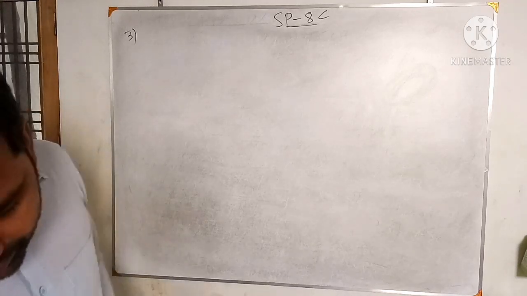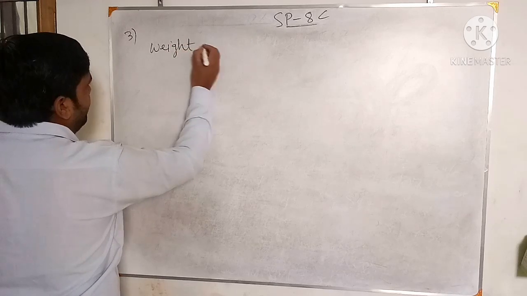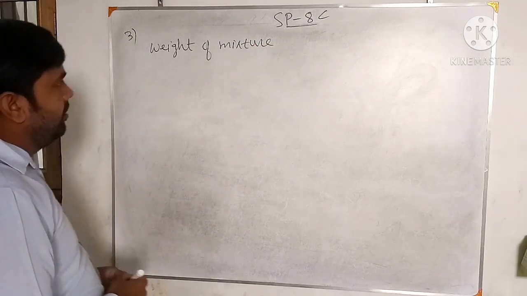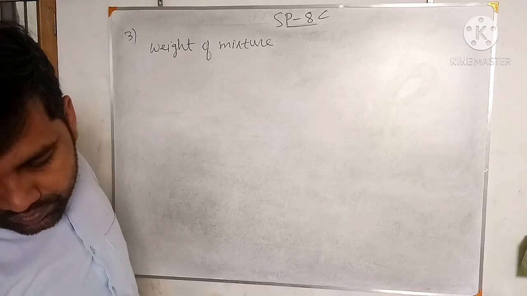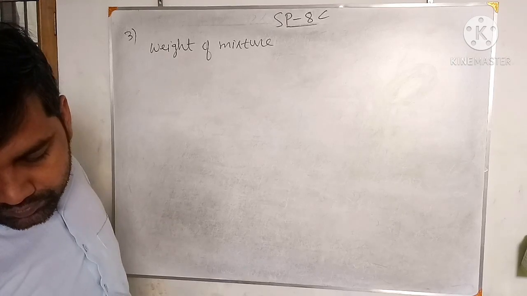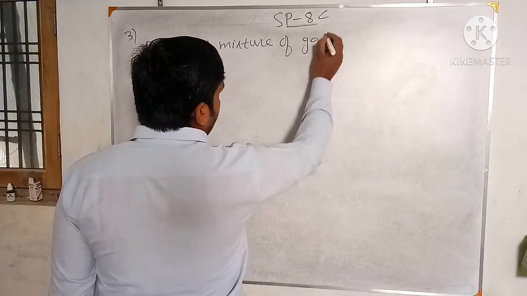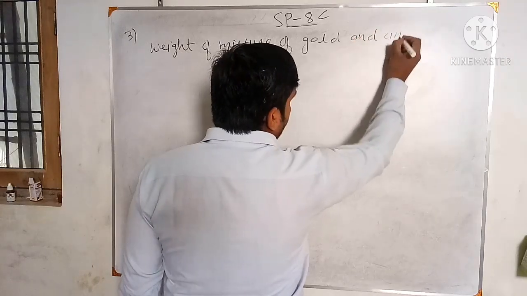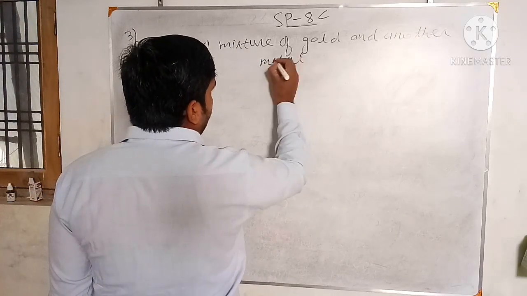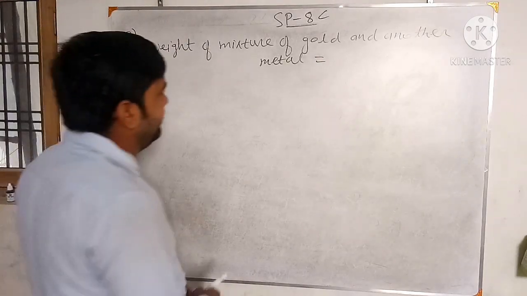18 karat is a mixture of gold and another metal. So the weight of the mixture of gold and another metal is 24 carat.